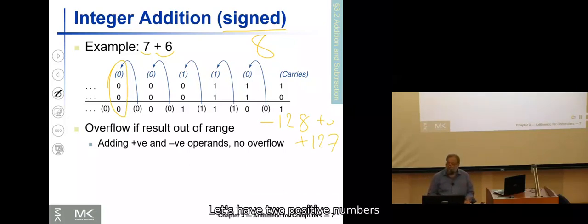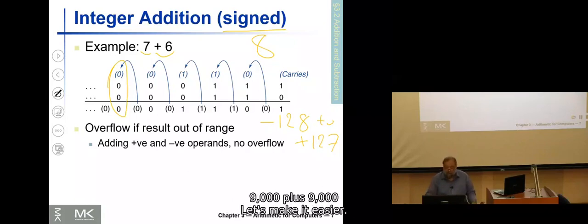So let's have two positive numbers added together. Something big, for example, 100 plus 90. Let's make it easier. 96 is 64 plus 32.